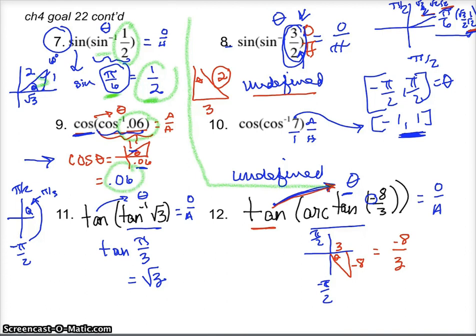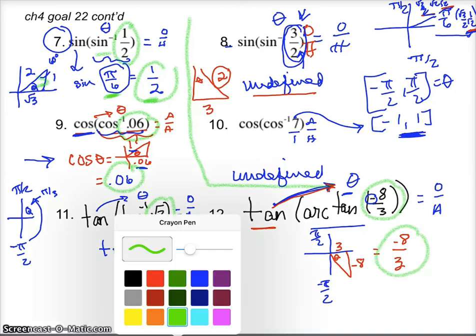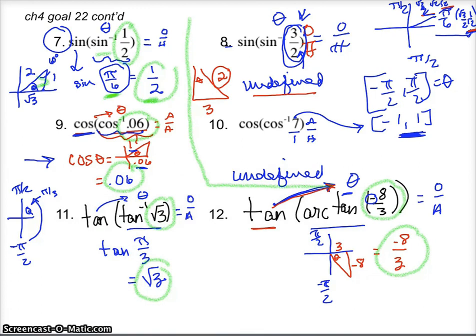On 11, we're taking the inverse tangent of root 3, and our solution is root 3. On 12, we're taking the inverse tan of negative 8/3, and our solution is negative 8/3. So you can see on these examples that the sine and its inverse, cosine and its inverse, tangent and its inverse always canceled. Why did those cancel?